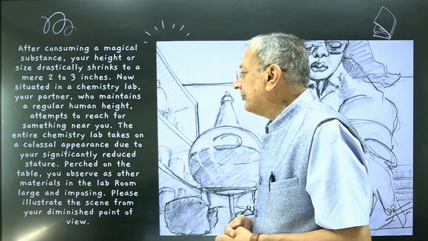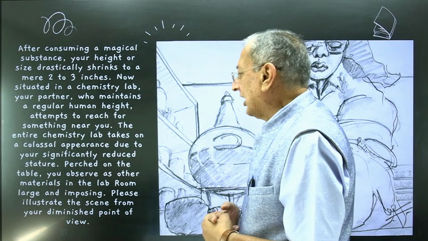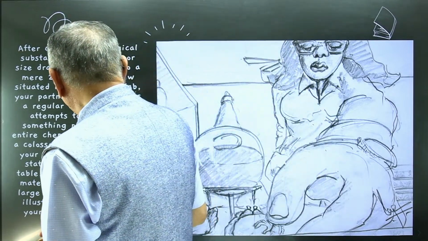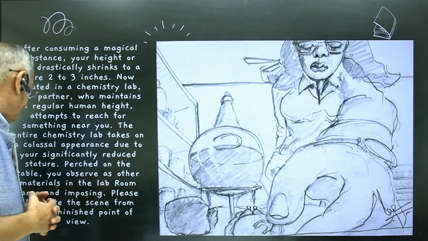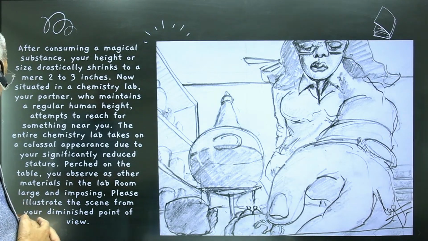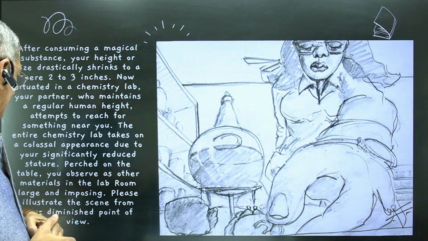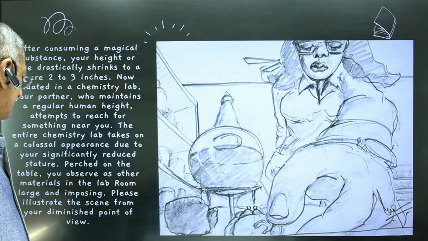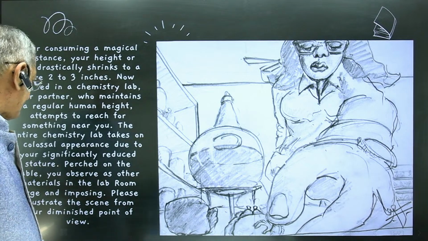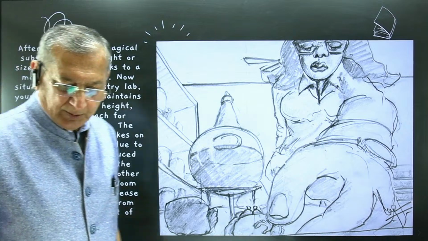The entire chemistry lab takes on a colossal appearance due to your significantly reduced stature. First on the table, you observe other material in the lab room, large and imposing. Please illustrate the scene from your diminishing point of view.